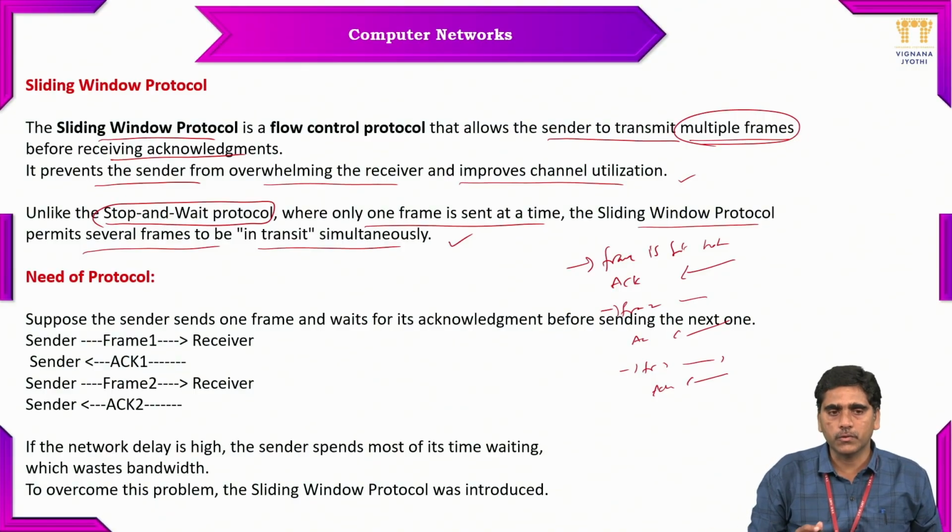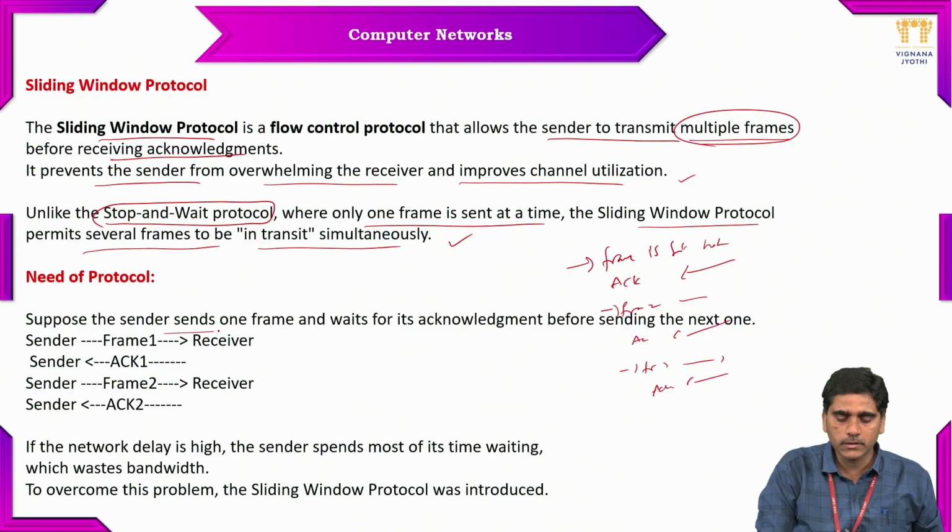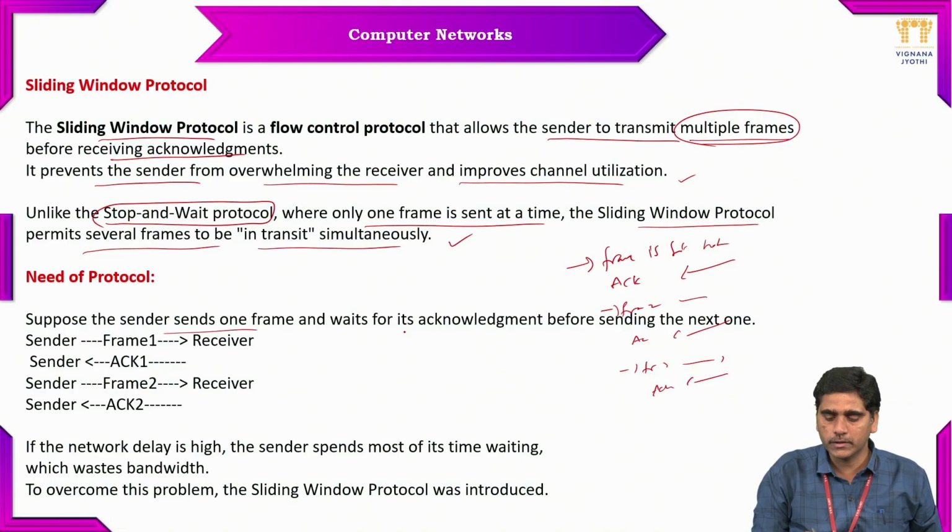So what is the need of this protocol? Suppose the sender sends one frame and waits for its acknowledgement before sending the next one. The sender sends frame 1 to the receiver, and the receiver sends an acknowledgement for frame 1. Again the sender sends frame 2 to the receiver, and the receiver sends an acknowledgement for frame 2.